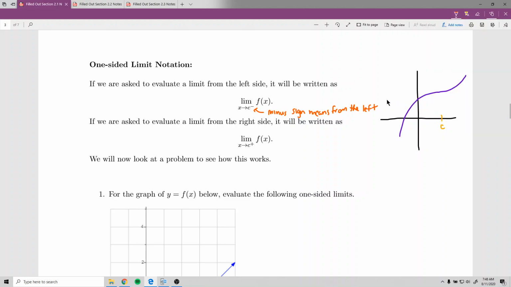Then as we walk towards it from the left, I'll do that in orange to just match the color. The x values are smaller over here, which is why we use the minus sign. Helpful way to remember.